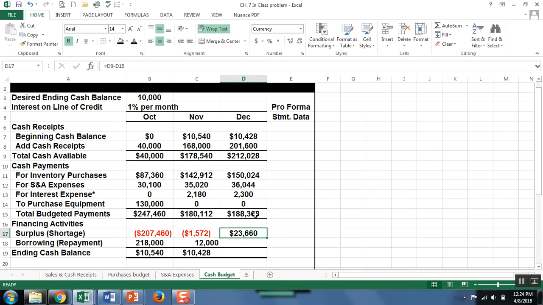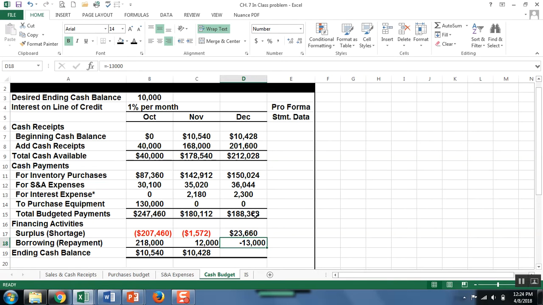So what we're going to do is pay back some of our borrowings. We need to have $10,000 on hand. So we can actually pay back up to $13,000, which is the $23,660. If we take out $10,000, we'll have $13,660. We can only pay back in increments of $1,000.